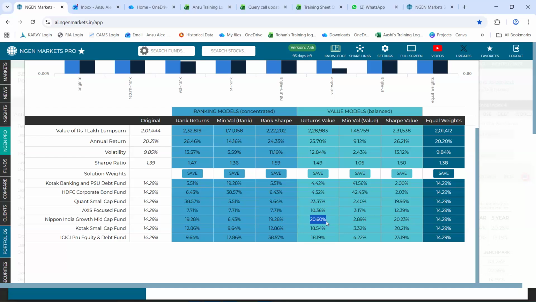So, if at all you see the difference between the first and the second allocation, it is just like a 3 or a 2.5%, which was not the case when we looked upon this returns or a ranking model. Here you see the difference in terms of the first and the second best allocation is exactly half. Hence, we say that the ranking model will follow a concentrated approach and the value model will follow a balanced approach. So, basis your client's risk appetite, you can select any of the models among these 6 models that we have provided.